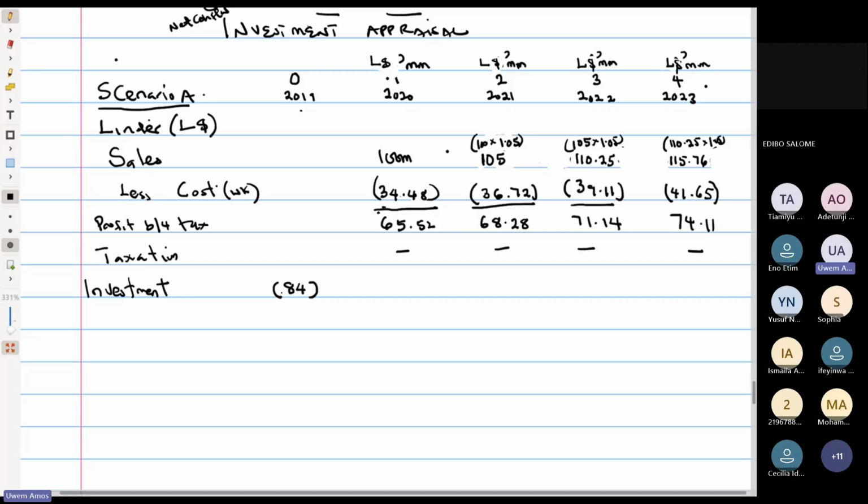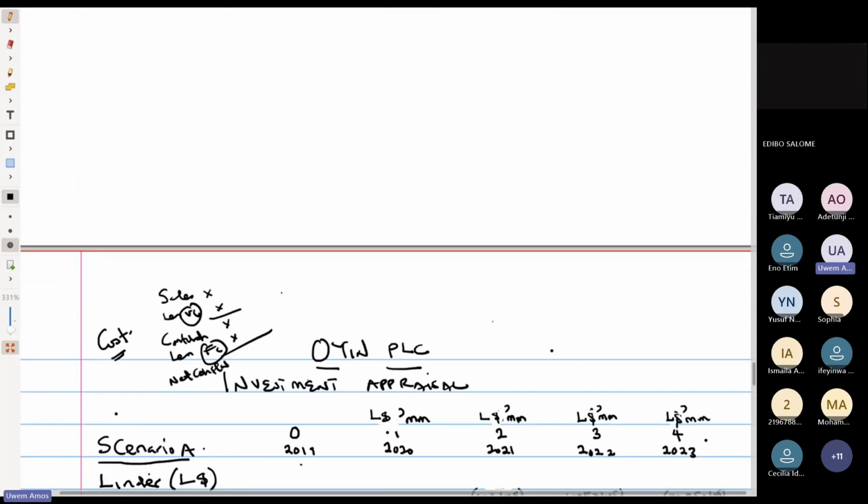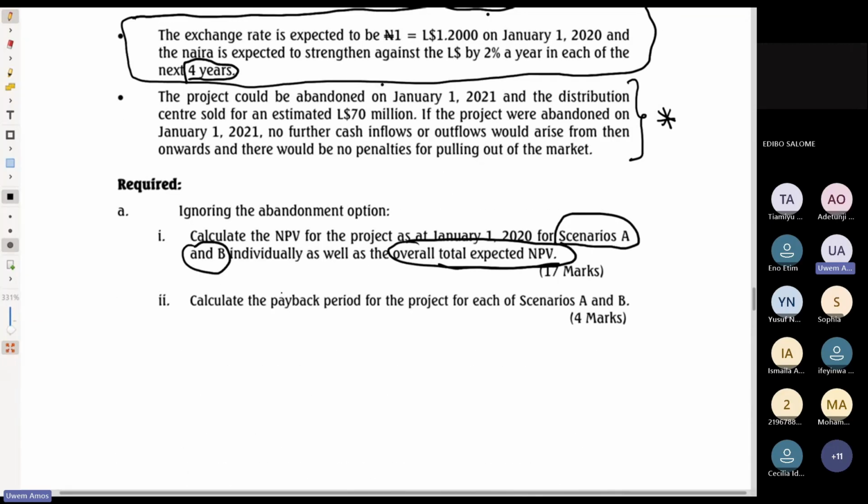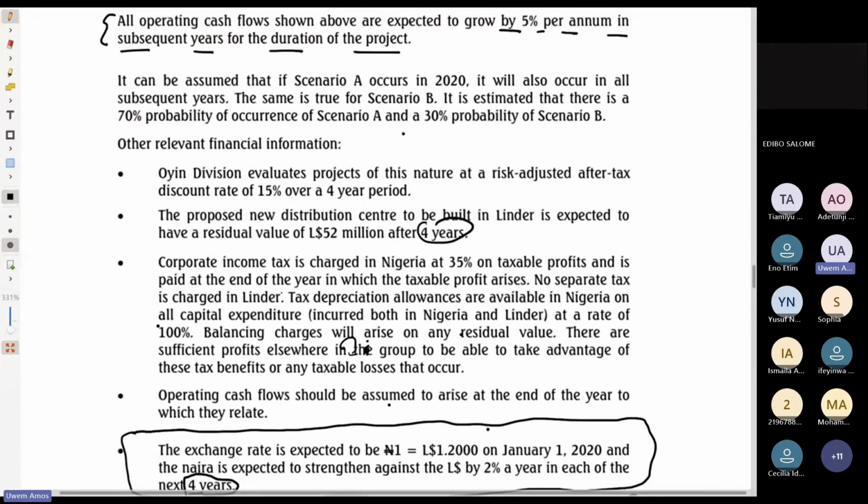Now, at the end of the 4 years, do we expect to sell anything? Do we expect to dispose of this asset for any value? Do we expect to get anything out of it? If we don't have any scrap value, we move on. But if we have a scrap value or a disposal value at the end of the 4 years, we bring that in. So do we have that? Yes, we do.